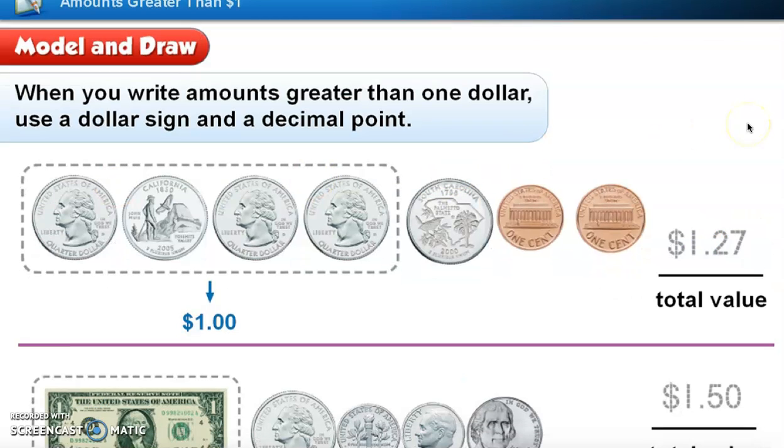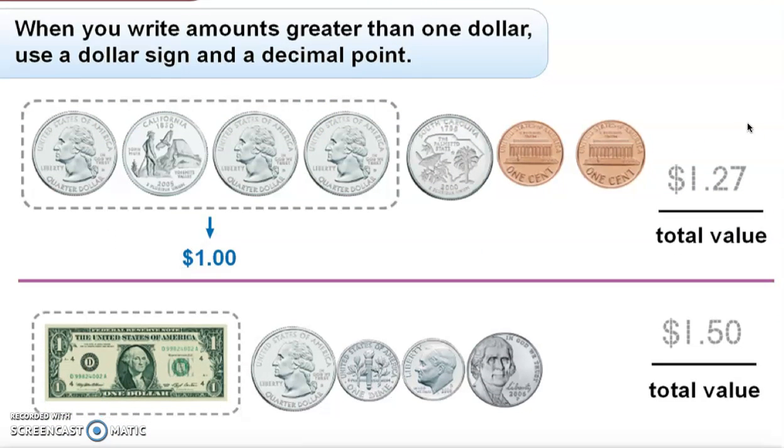Now we're going to go into more about using a dollar and what happens if we have more than a dollar. It says when you write amounts greater than $1, use a dollar sign and a decimal point. Remember, I told you that the decimal point can serve as the word "and," right? For example, here we have 4 quarters in this little box.